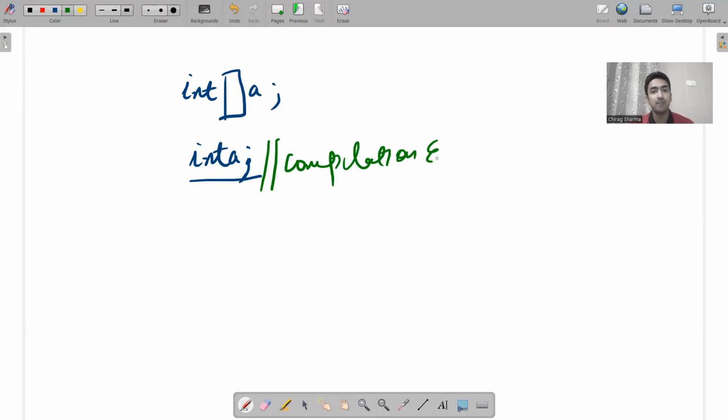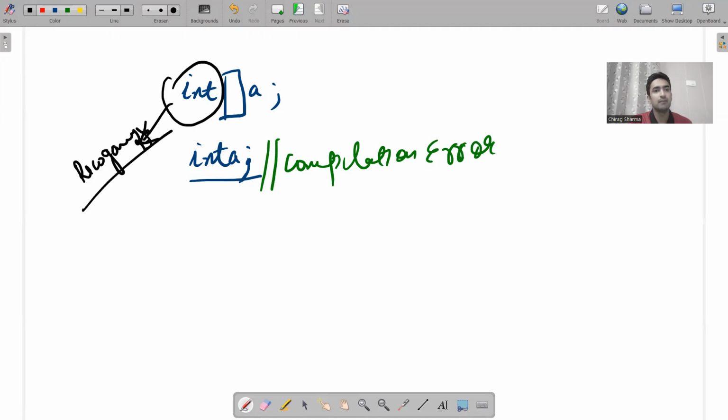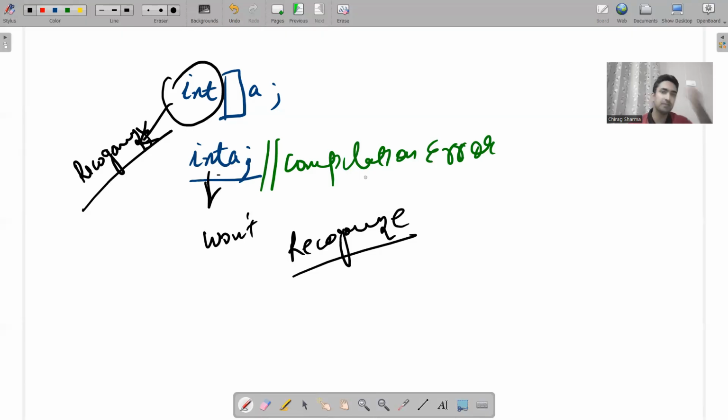Why? Because the compiler does not know what inta is. Definitely the compiler will recognize this variable, but it won't recognize this. This will lead to a compilation error. So this is something which is defined by the person who has created it, and we are using it to very good effect to create various different data types.